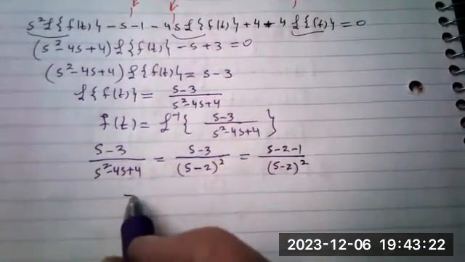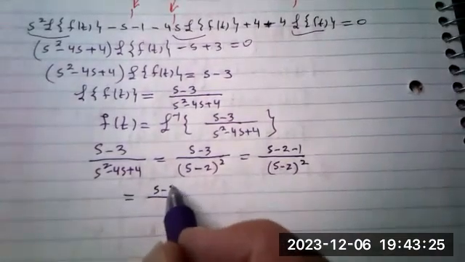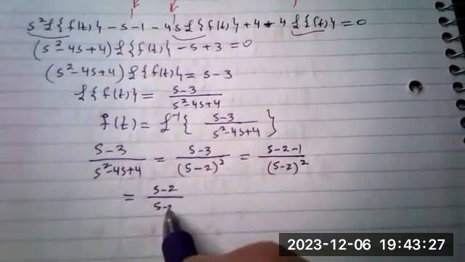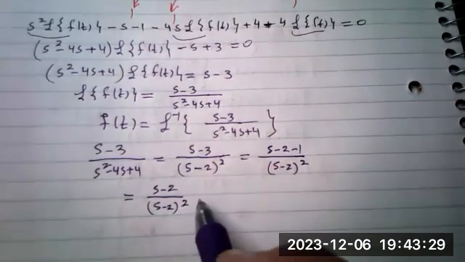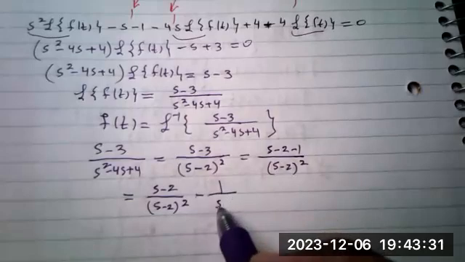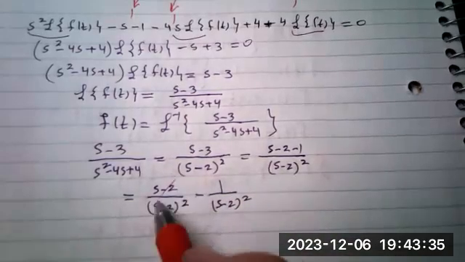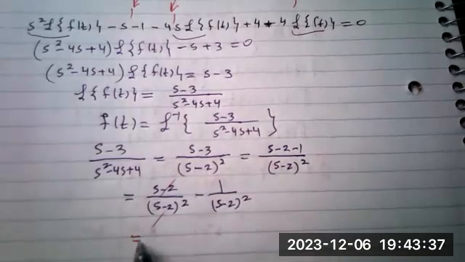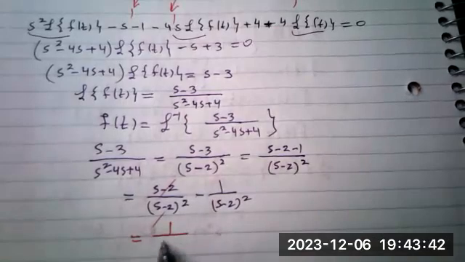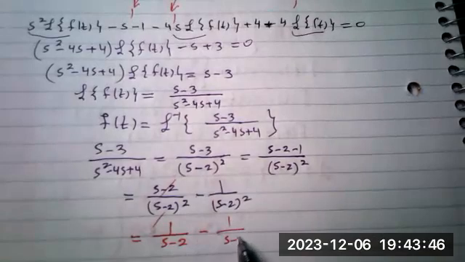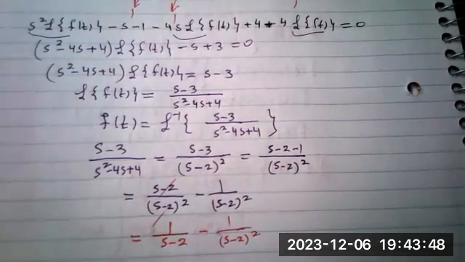So it's going to be s minus 2 over s minus 2 squared, the first one, minus 1 over s minus 2 squared. So this gives you 1 over s minus 2, and that gives you 1 over s minus 2 squared.